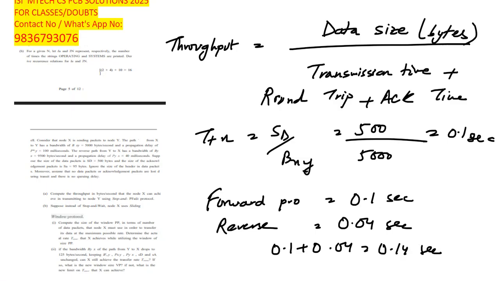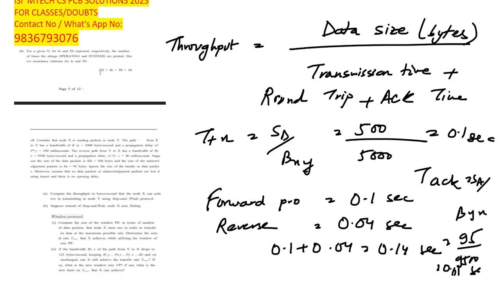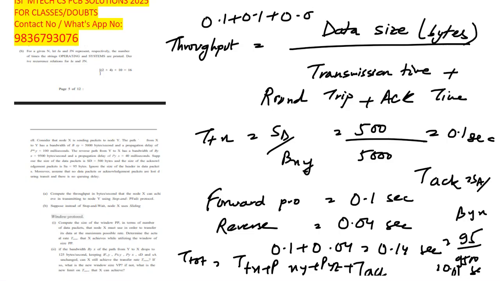Okay, so now the transmission time of ACK is S of A by B of YX, 0.01 seconds. Okay, so here the total will be 0.1 plus 0.1 plus 0.04 plus 0.01. So that's 0.25 seconds.